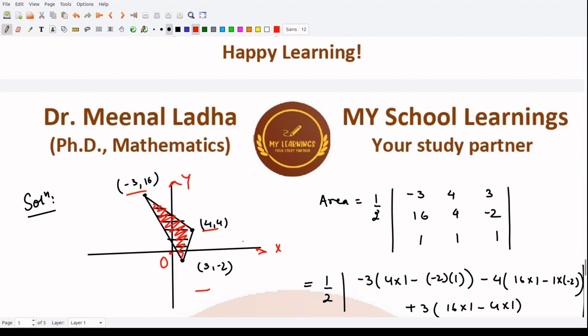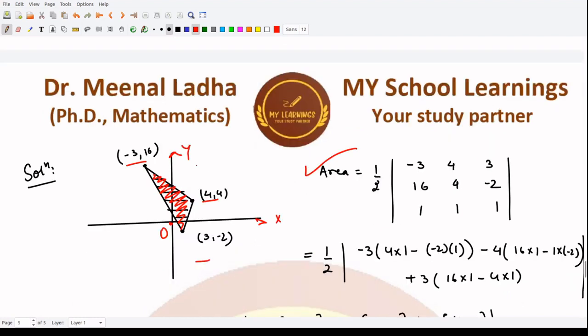This area is obtained when you know this formula. So it is half of this determinant. You can write the x values first: minus 3, 4 and 3. Correct? And then you can write the y values, 16, 4 and minus 2, and then you can write 1, 1, 1 in the third row.